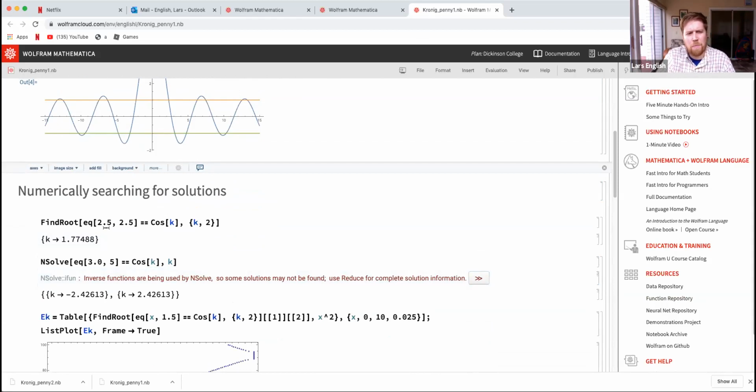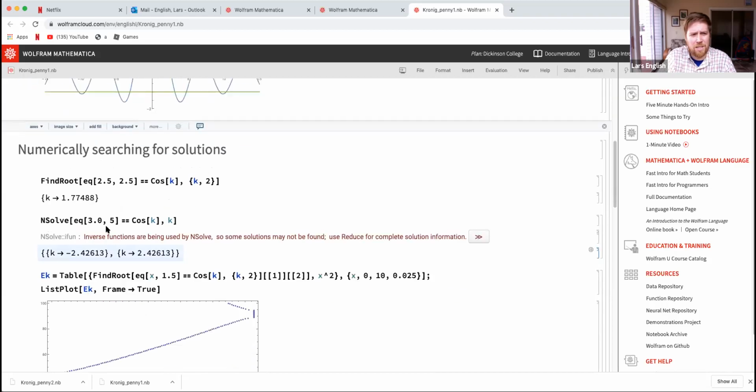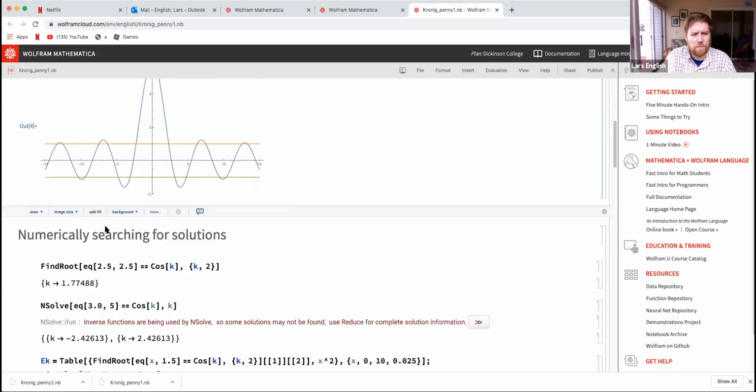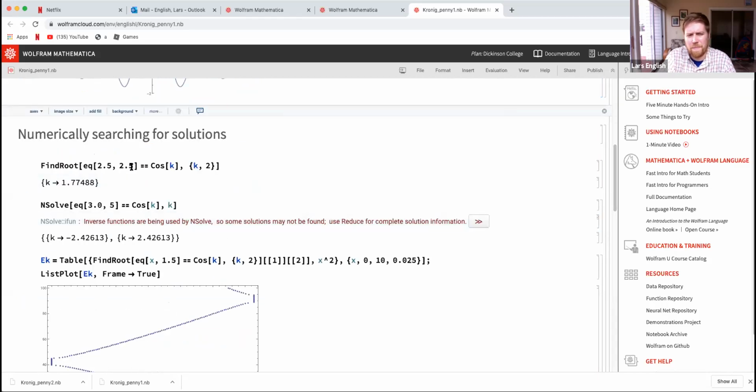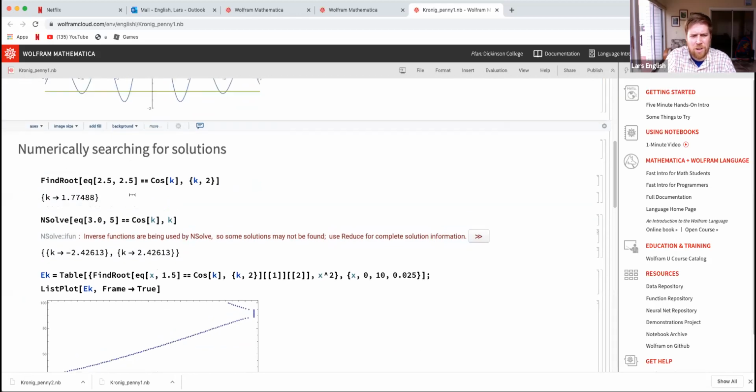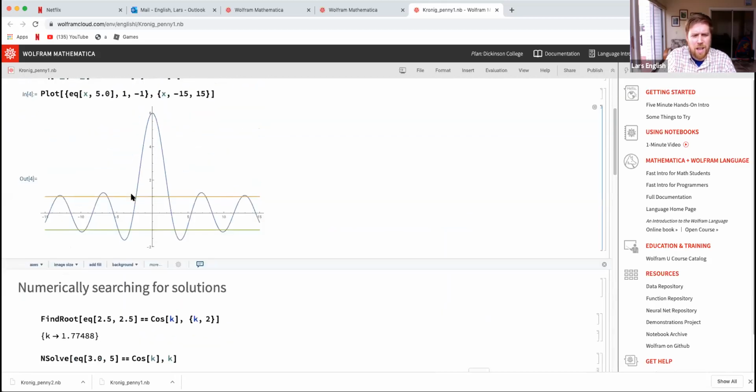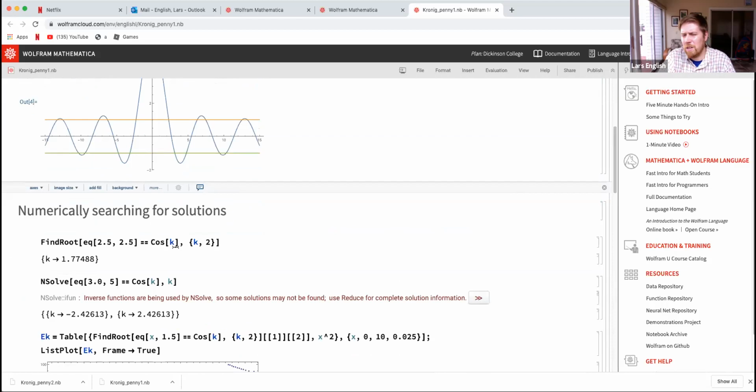In FindRoot, here I'm plugging in 2.5 for x and also 2.5 for p, and I'm going to set that equal to the cosine of ka, but the lowercase a is just a constant, which I'm going to set to 1 here. So cosine of k.